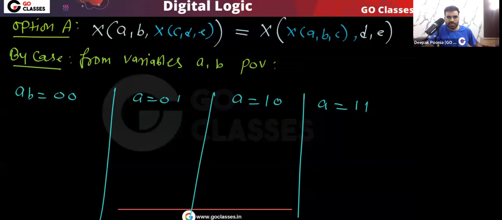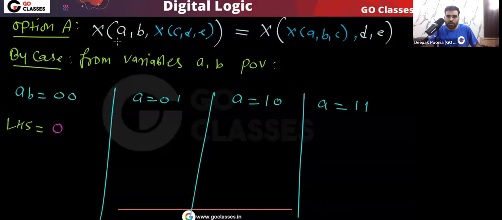Okay, so let's see here. You can see I will try to find a counter example for option A. Here you can see if AB is 0 0, then what will be LHS? If I put 0 0, then whatever this third entity be, this LHS will be 0.